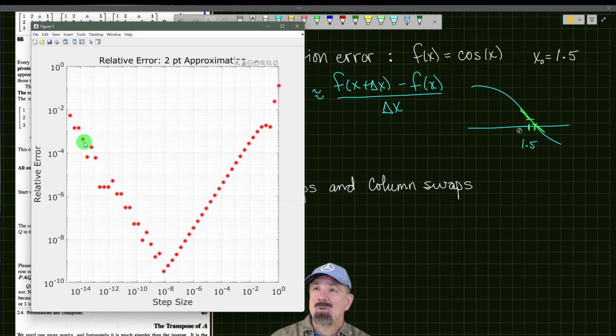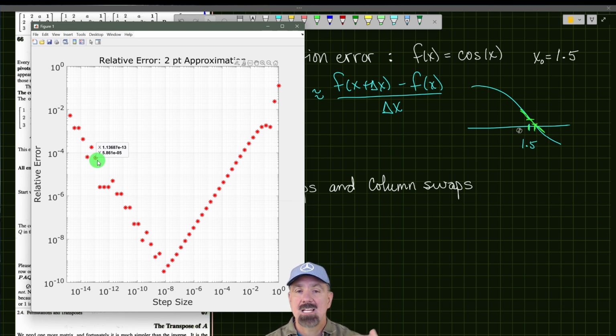That's exactly what we see here. As we continue to smaller and smaller step sizes, our relative error actually increases. Our approximation of the derivative is worse, and it gets worse the smaller the steps we take. This is counter to what most of you have been told. I just need you to understand that this is the reality of what happens with cancellation error.